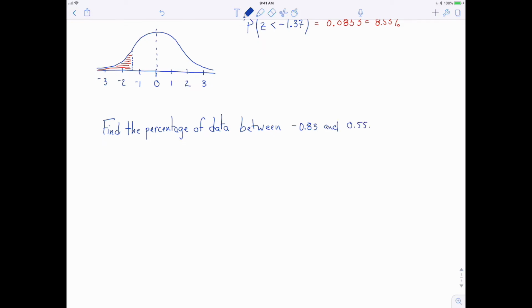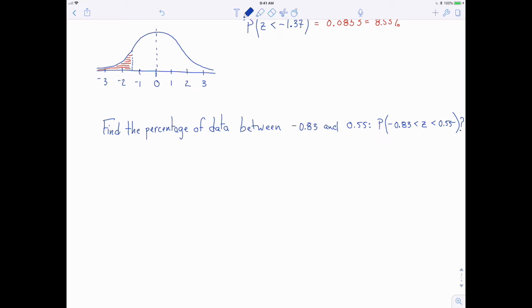Let's try that. Now remember, I'm going to put a colon there because really in math notation, this would be written as P(-0.83 < z < 0.55). That would be the math way of writing that nice long sentence.